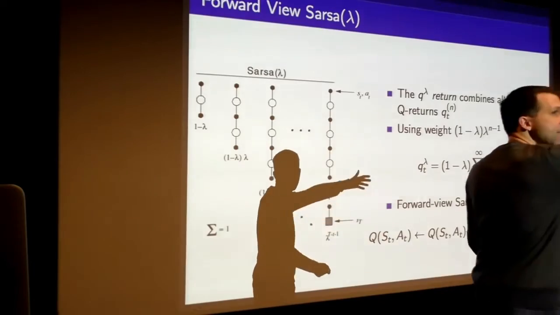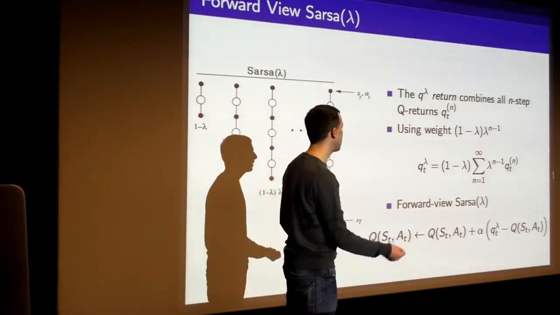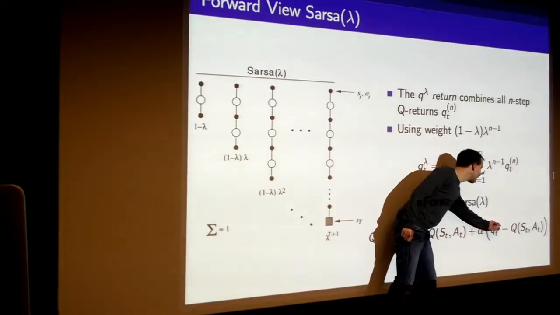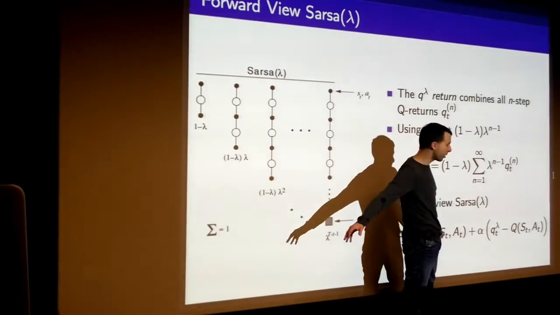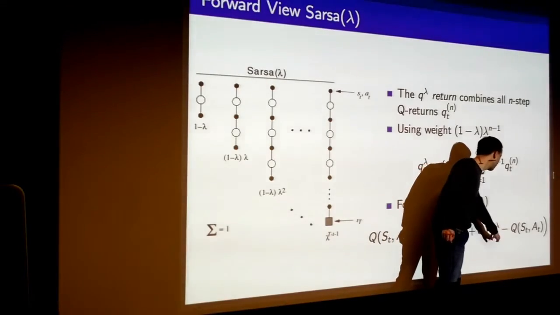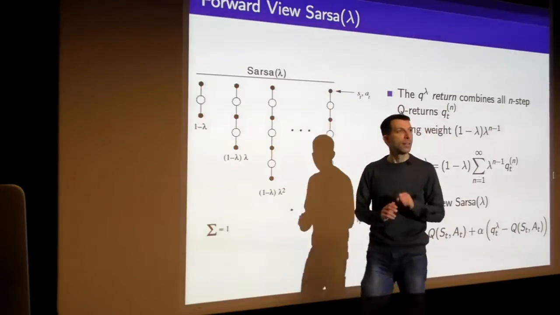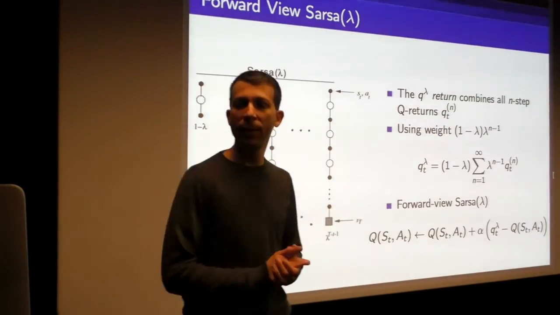We weight all of these things together, all the way up to n equals infinity. That gives us our Q lambda, and we make that our target, and we update our original Q value a little bit in the direction of that target. Okay, so that's the idea of SARSA lambda.